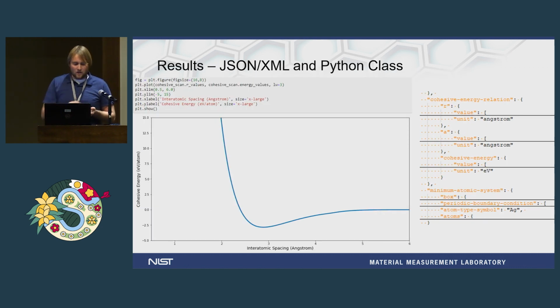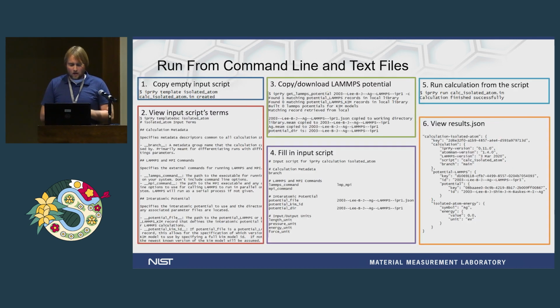When it's done, all the values get automatically saved to that record object so you can instantly plot them as class attributes. Or, since it's a database record object, you can instantly convert that to JSON or XML, save it, and use it with an external tool. In addition to running from Python, you can also do everything from the command line if you should wish and you are fearful of Python, but I don't think that's anybody here.